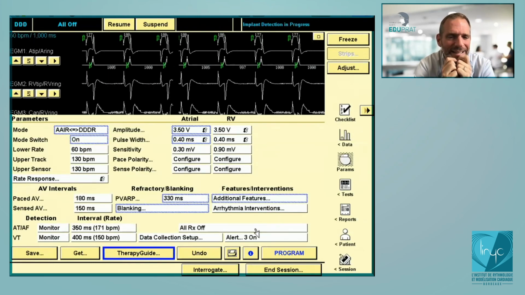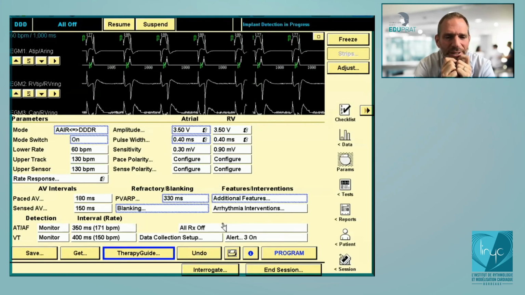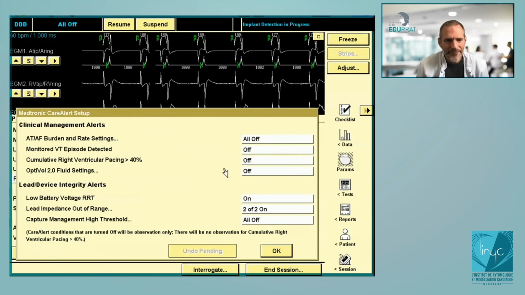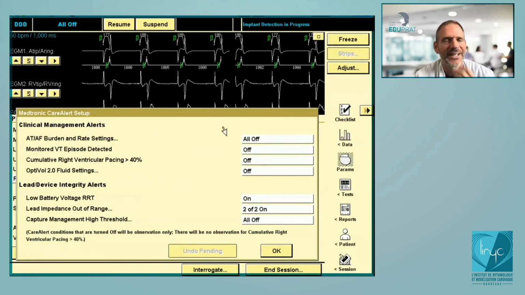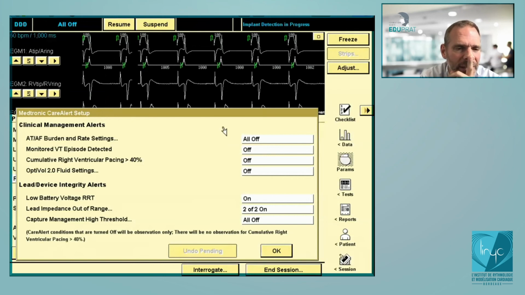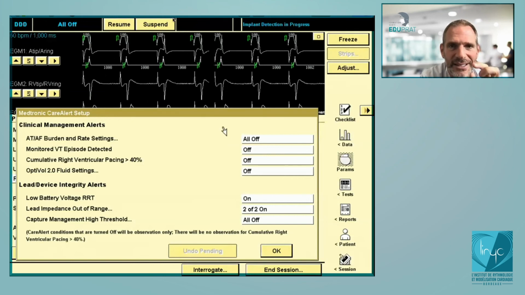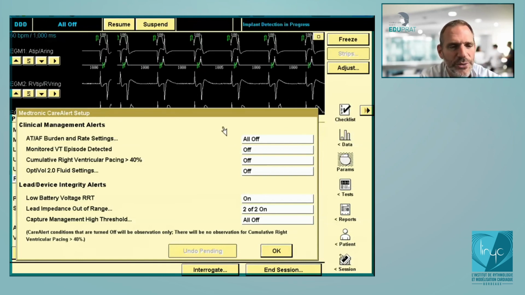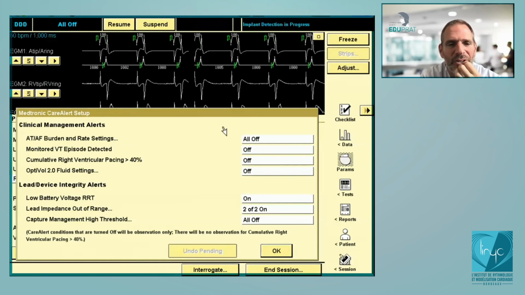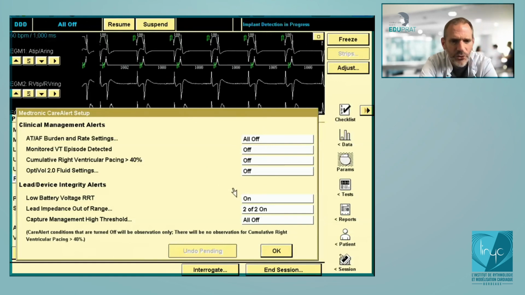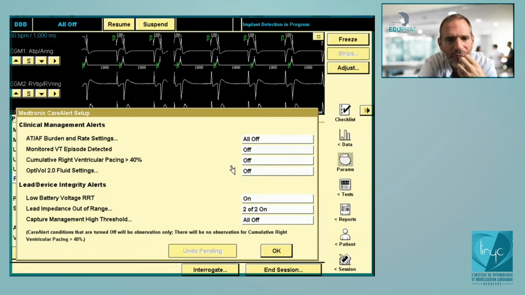And then for the remote monitoring, if you click on it, nominally, the only alerts that are programmed are the integrity alerts, I would say technical alerts. It means low battery or problem of impedance. But for example, nominally, it's off for the alert about atrial fibrillation.